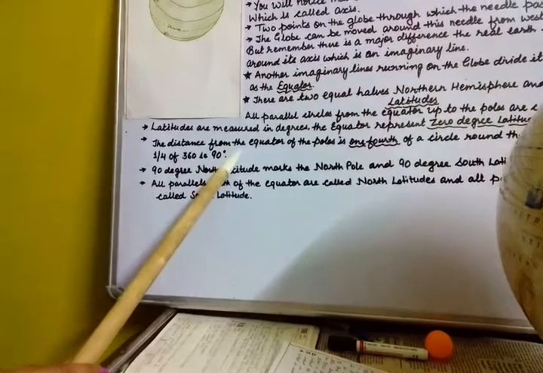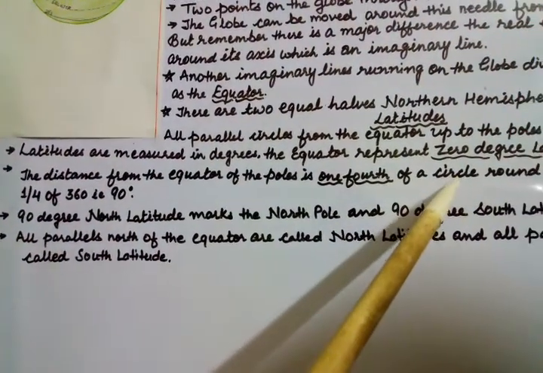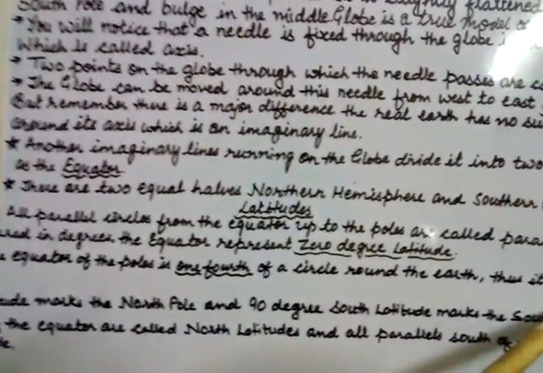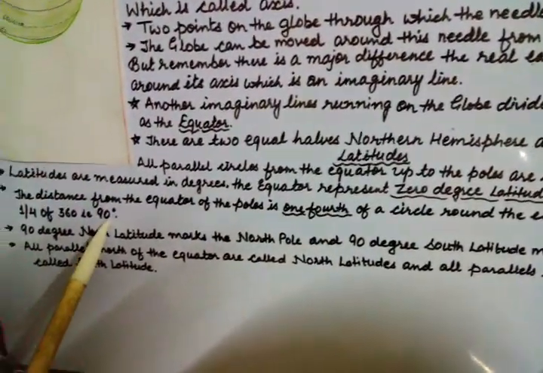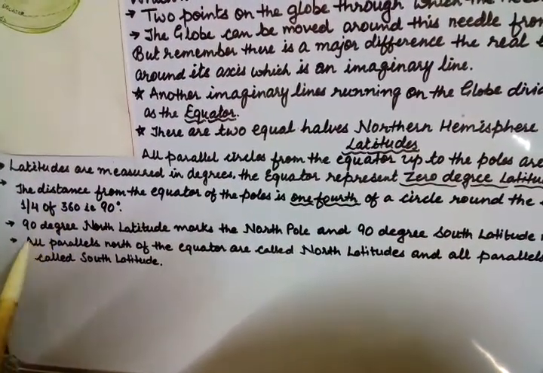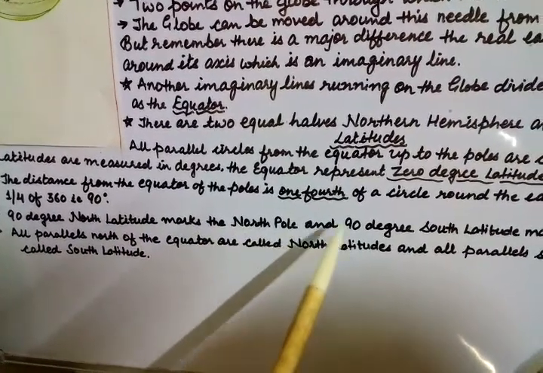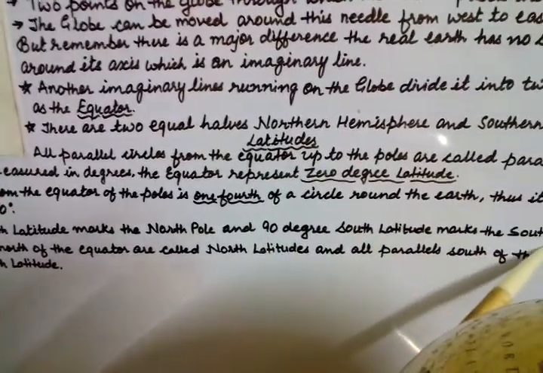Now come back here, students. Again, the distance from the equator to the poles is one fourth of a circle around the Earth. Thus, it will measure one fourth of 360 degrees, which is 90 degrees. 90 degrees north latitude marks the North Pole and 90 degrees south latitude marks the South Pole.